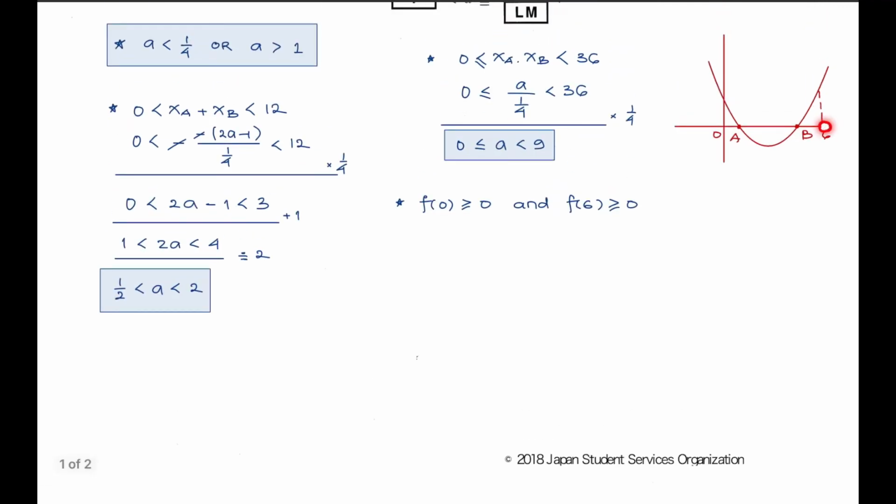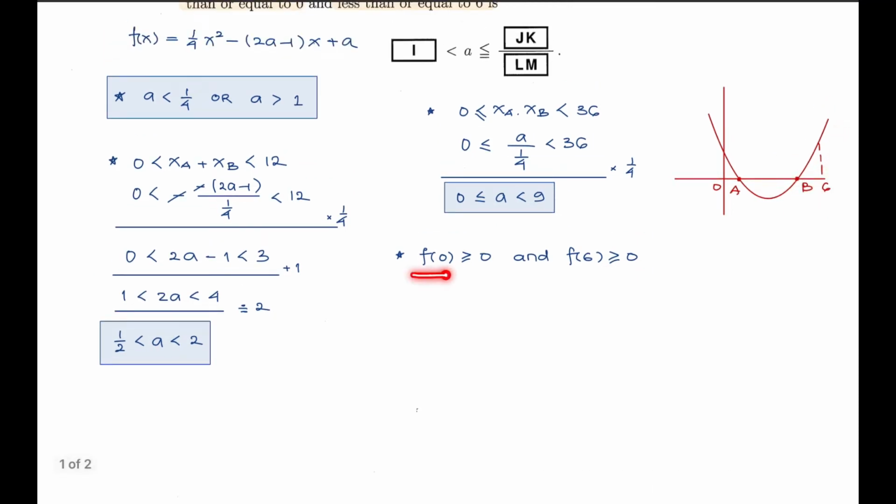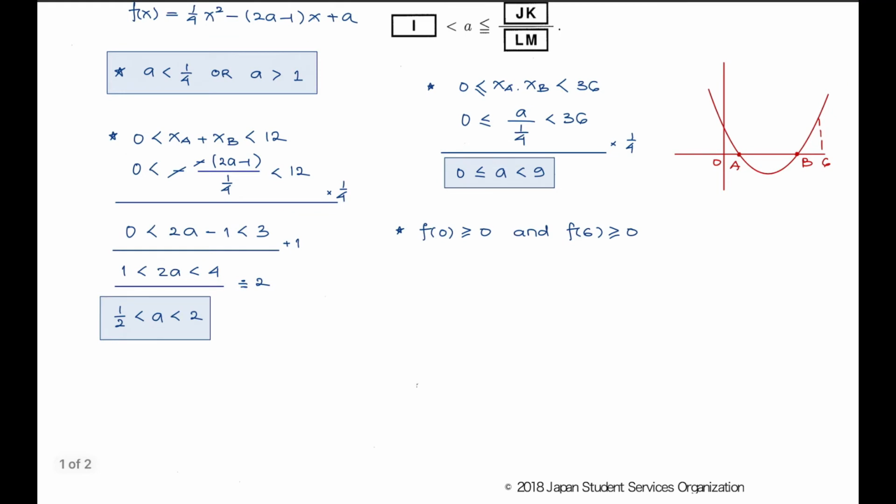It also can be 0 because if B is on that point, then f of 6 is 0. What is f of 0? Just substitute 0 into the equation. I will get 1/4 times 0 squared minus 2a minus 1 times 0 plus a greater than or equal to 0. This is 0 and this is also 0. So I get a greater than or equal to 0.